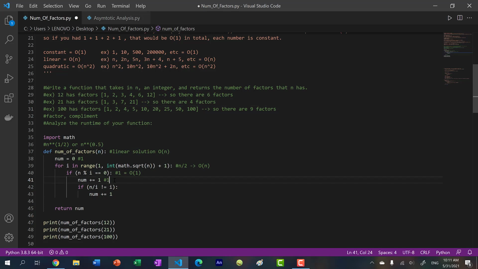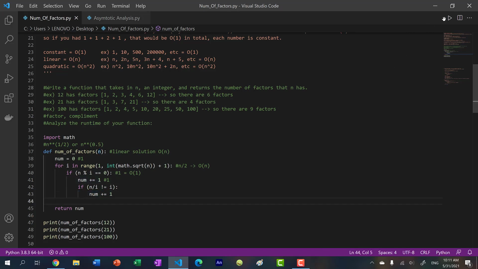So we add 1 to num, and we check to see if the complement, which is 100, is the same as 1. It's not. So you add another 1. Same thing for 2 and 50, 4 and 25, 5 and 20. And then when we get to 10, 100 is divisible by 10, so we just add 1, and then we check the complement, which is 10. 10 is equal to 10, so we don't want to double count here.